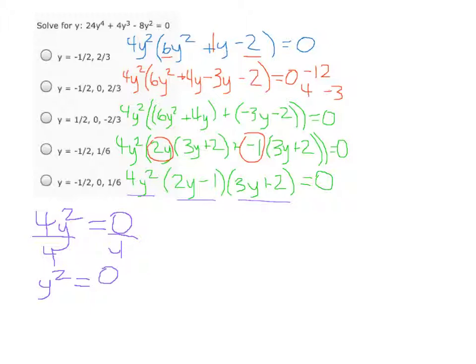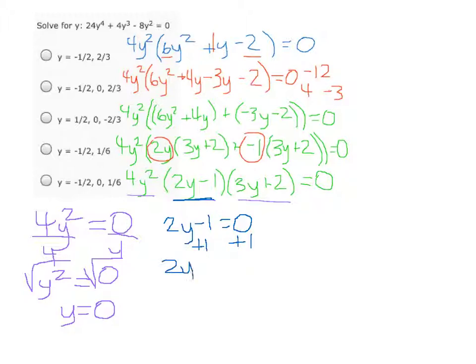And then we want to take the square root of each side, and we are left with y equals 0 for that first term. Now moving on to the second term, we have 2y minus 1 equals 0. So add 1 to each side. So 2y equals a positive 1. And divide by 2 on each side to get y by itself, and we have y equals 1/2.